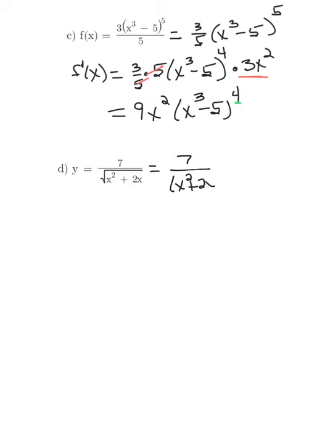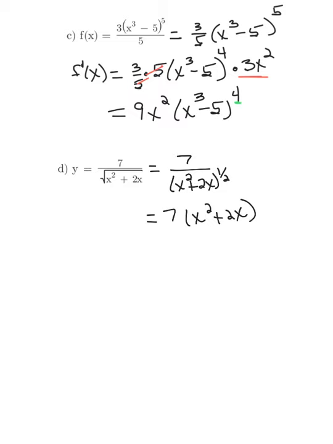So it's x squared plus 2x to the 1/2. Secondly, we can't use the power rule, the chain rule, until that 1/2 power is in the numerator. So we need to rewrite the function as 7 times the quantity of x squared plus 2x.